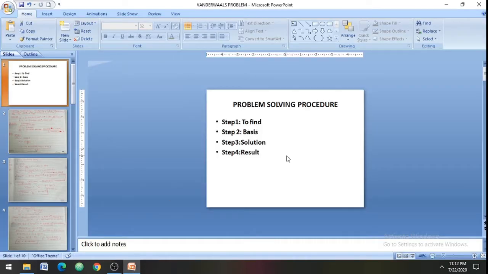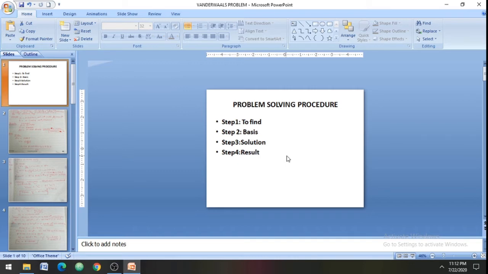Dear students, before discussing the Van der Waals equation problem, I will explain the procedure for solving the problem. Problem solving procedure. Step 1, to find. To find means the main portion of the problem. Step 2, basis. Basis means given data.